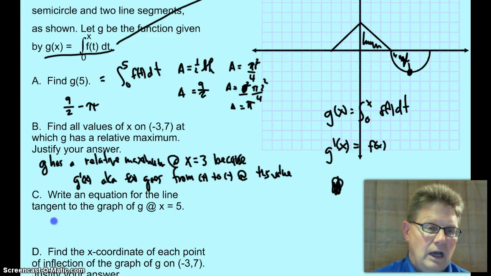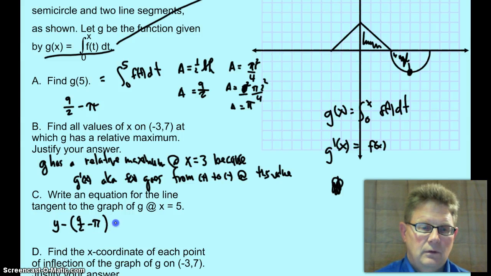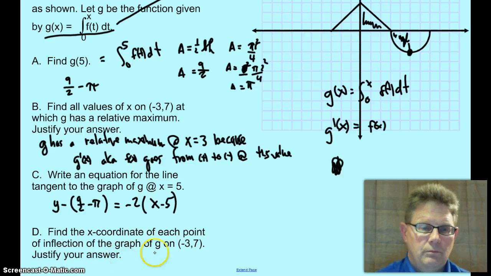So y minus, we'll put this 9/2 minus pi in parentheses, equals the slope, negative 2, times x minus 5. Boom, done. Don't spend any more time finding a slope.